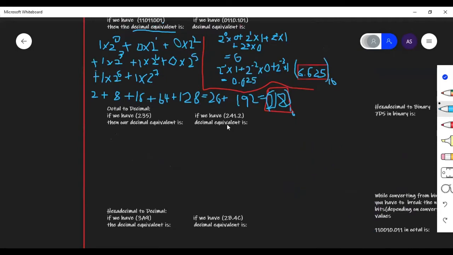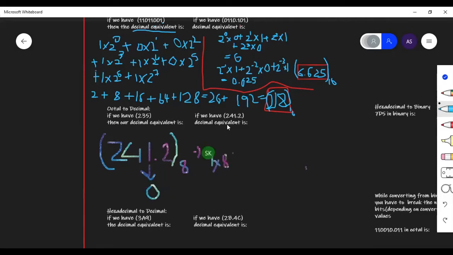Here we have 241.2 in octal. So let's start. We will put a decimal point here, and let's start from the left-hand side with index 0. So it's 1 times 8 to the power 0.